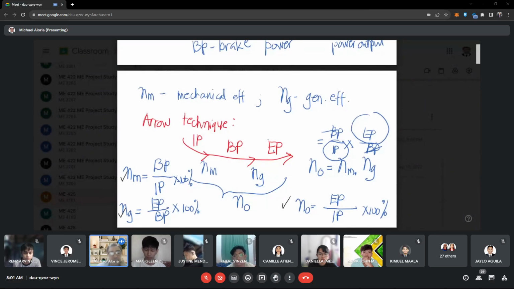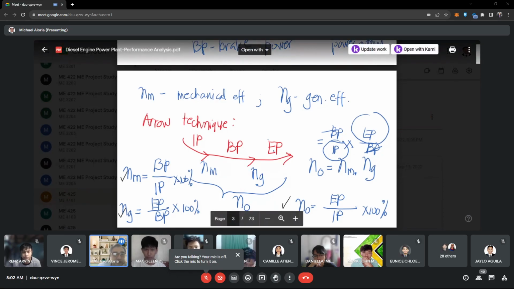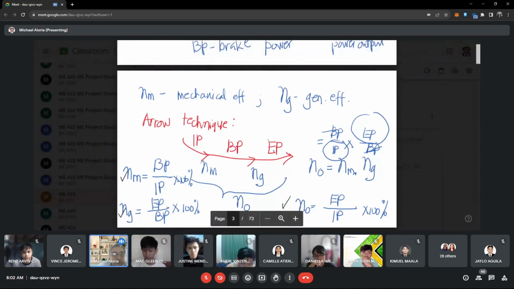So this is your IP, this is your BP, and this is your EP. So in between IP and BP, we can measure your mechanical efficiency. Between brake power and electrical power output, we can measure our generator efficiency. And considering efficiency as output over input, so mechanical efficiency is basically equal to your brake power over indicated power.